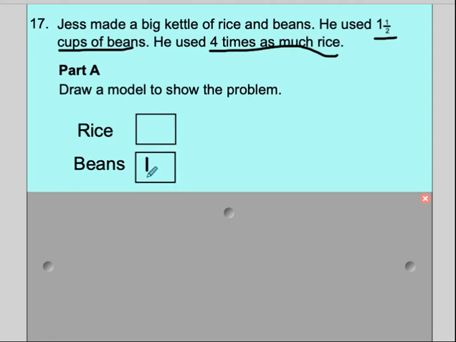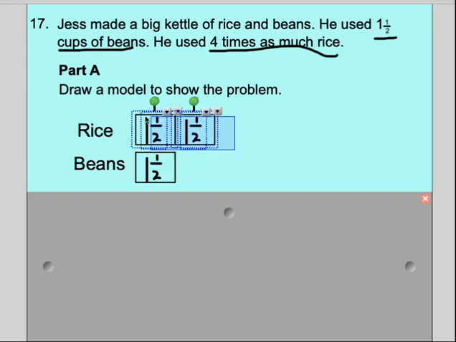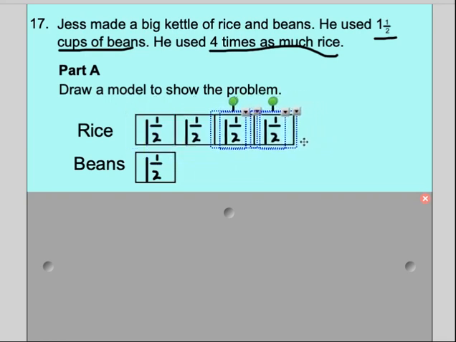So I'm going to put 1.5 here. Right? So actually, I think I'm just going to duplicate. So he used that for the beans. So he's going to use 4 times as much for the rice. So we're going to make it 4 times, right? 1, 2. Here comes 3 and 4. So that's what our model would look like.